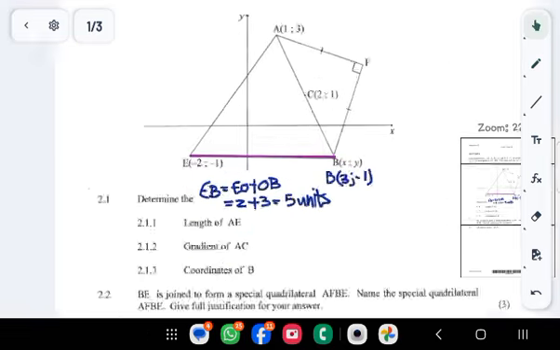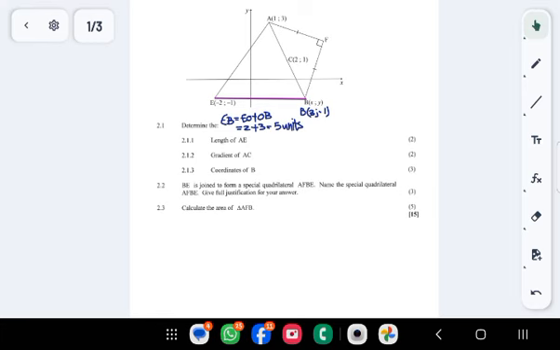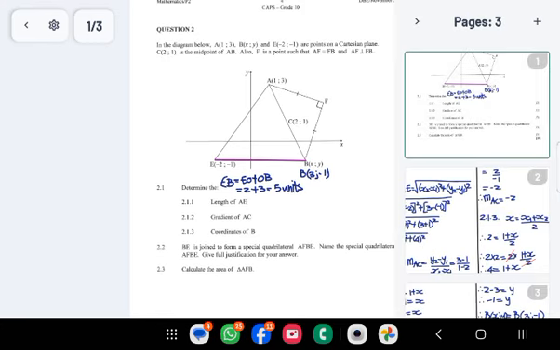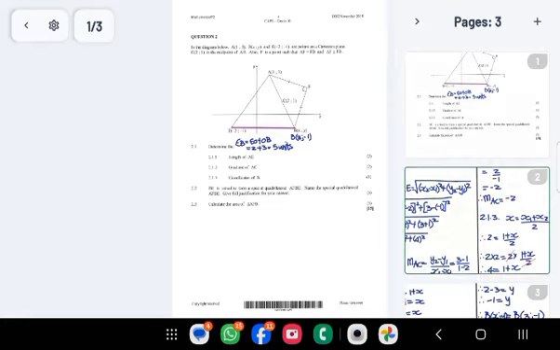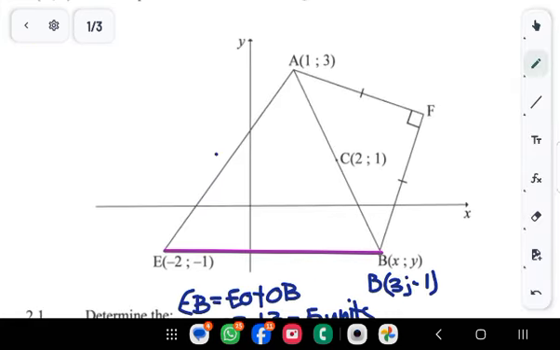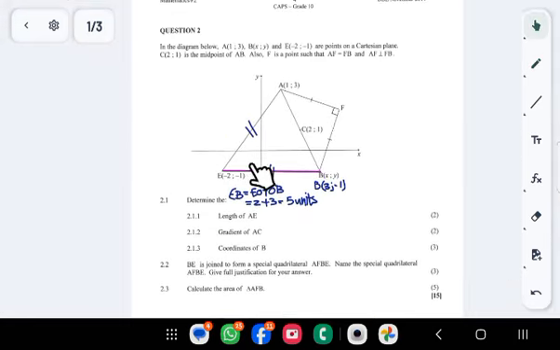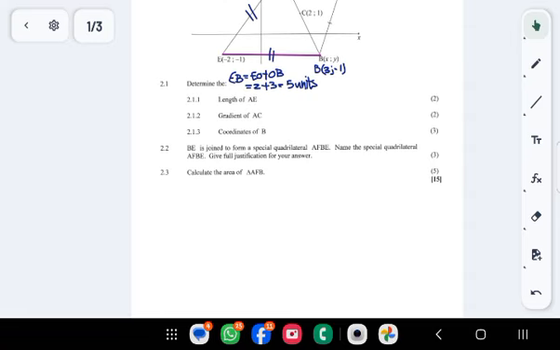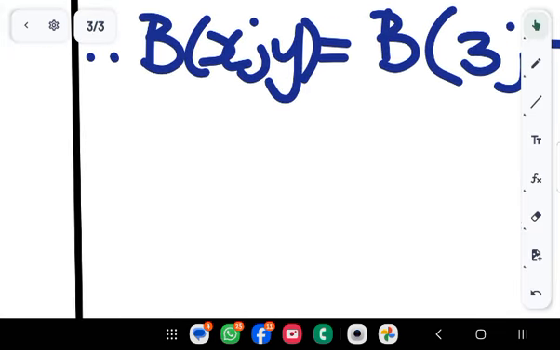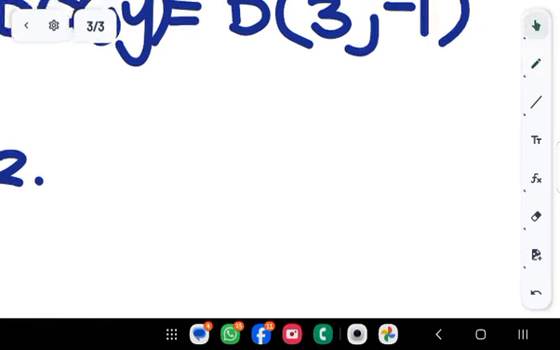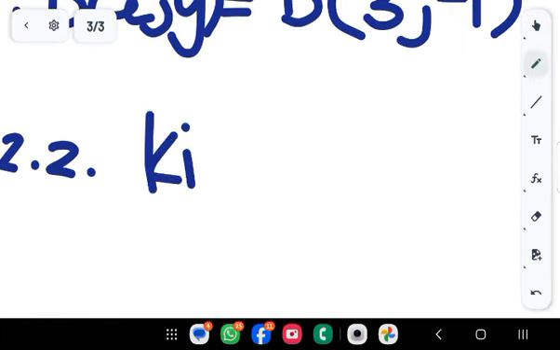Now this is the same length as the length of AE that we just calculated. Remember when we calculated the length of AE, so meaning that these two sides are equal, and that therefore makes this a kite. This is 2.2. Kite.